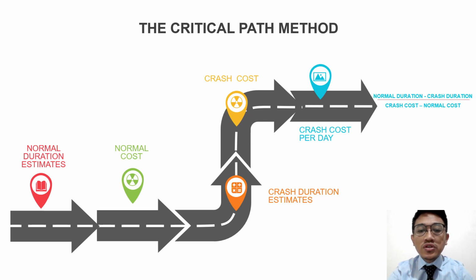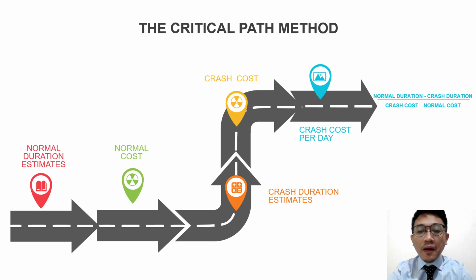The formula used to determine the optimal course of action involves subtracting the normal cost from the crash cost, and then dividing the result by the difference between the normal duration and crash duration. This formula essentially calculates the incremental cost for expediting an activity per unit of time saved. A lower value indicates a more cost-effective acceleration strategy.